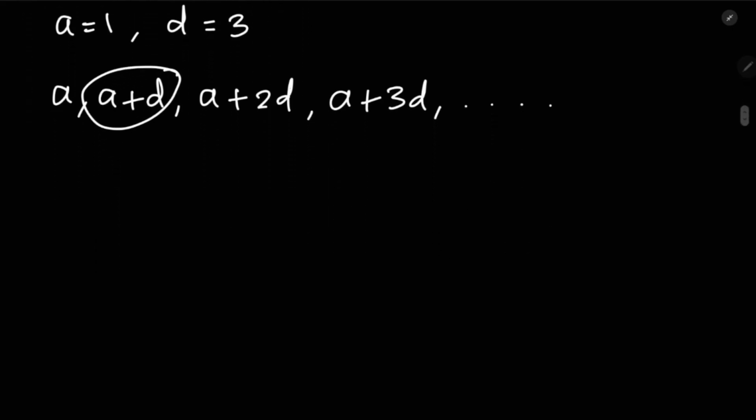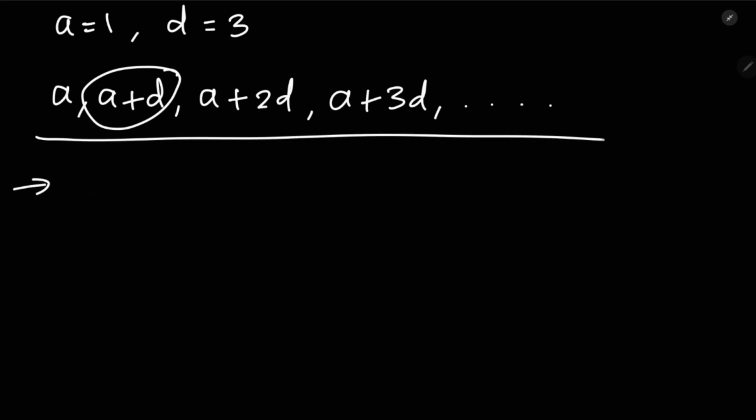So you can generalize this and see clearly that the nth element of this sequence, an, we will get by adding n minus 1 times d to the first one, because through induction you can see this: to go to the second element we add d once, to go to the third element we add d twice.